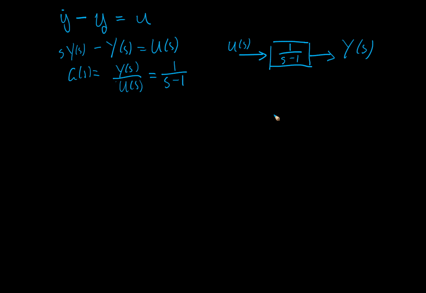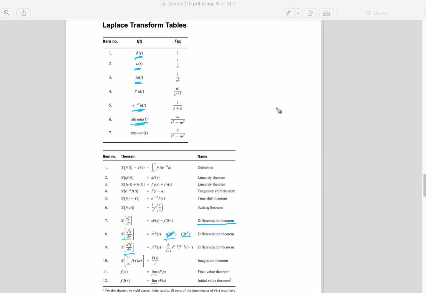Okay, so now what? How do I say how this system is going to respond to particular types of inputs? Well, I might just look at my table of inputs. Maybe I want to see how it responds to an impulse. If the input is an impulse, then the Laplace transform of that input is just 1.